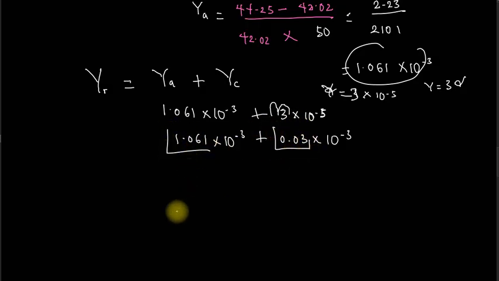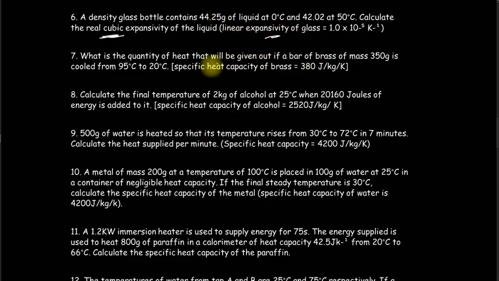So 1.061 plus 0.03 is going to give us 1.1 approximately. But let's just write 1.091 times 10 raised to the power minus 3 per Kelvin, and that's our final answer for the real cubic expansivity.